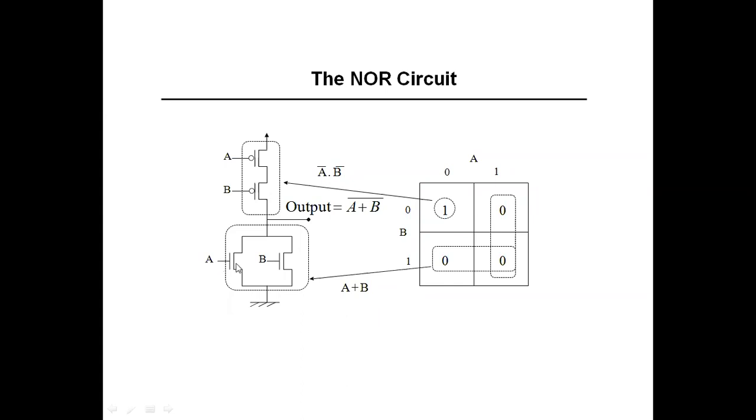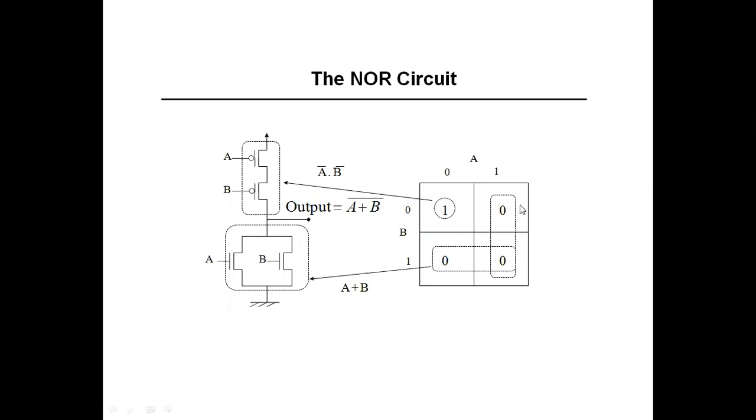Both NMOS are in conduction, since A is 1 and B is 1. Now VDD is disconnected from the output, and the output is connected with the ground. That means 0 will pass to the output, and that's why you are getting 0 as the output.